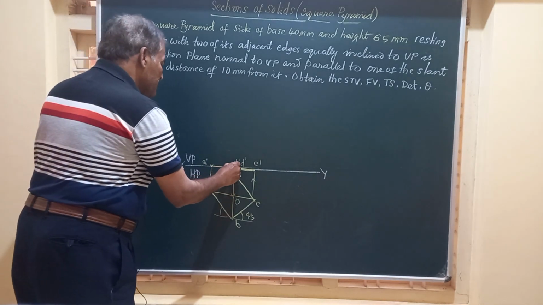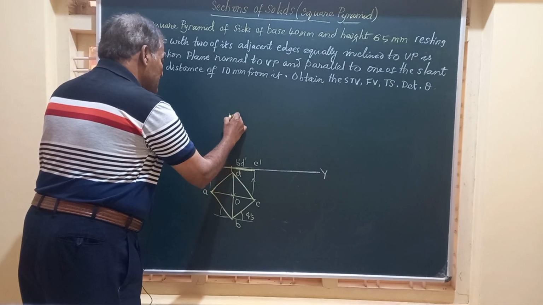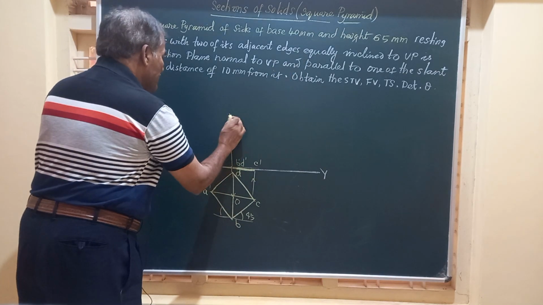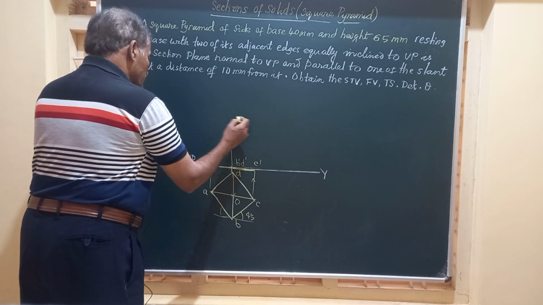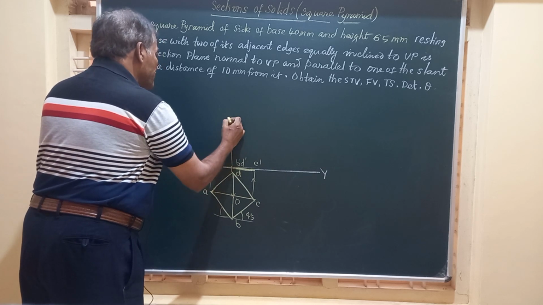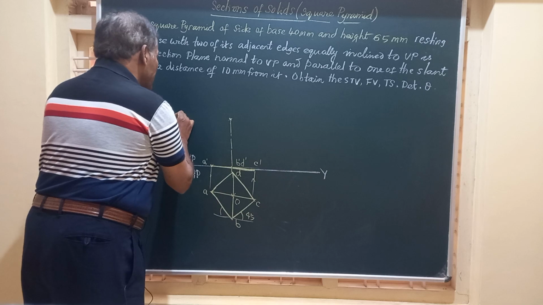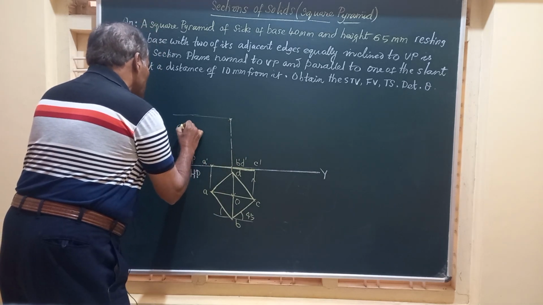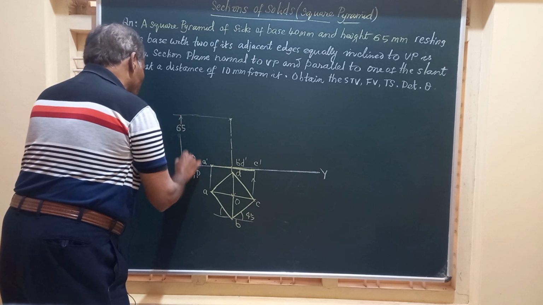And from the center of this, write the given height of the object, which is 65 millimeter. So I mark 65 millimeter height from X1, Y1, and we will obtain the front view.